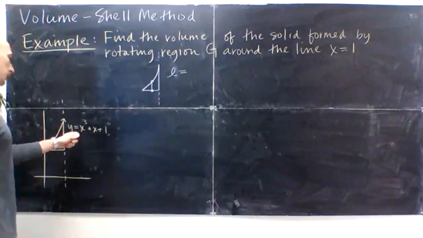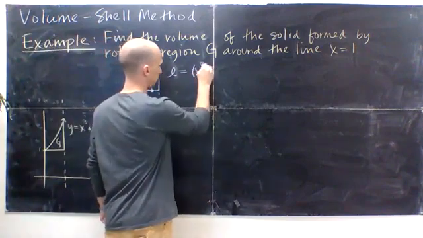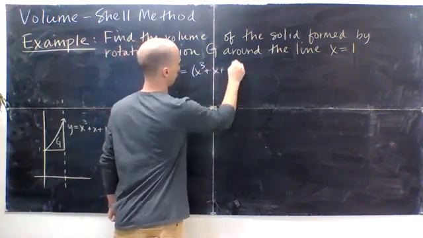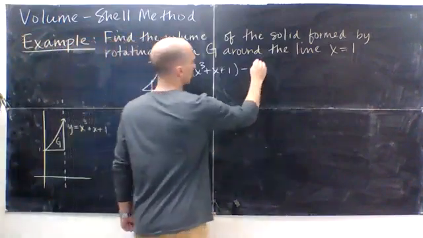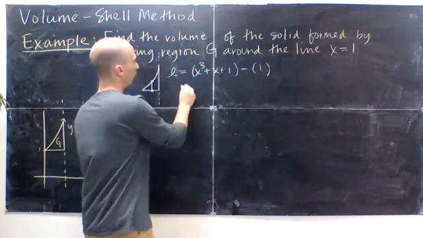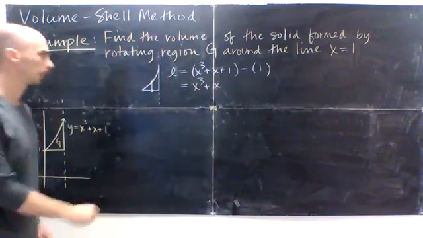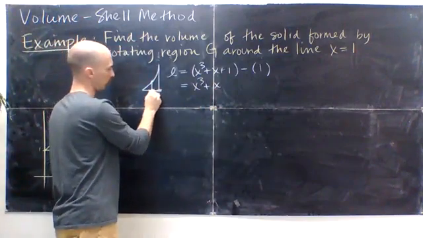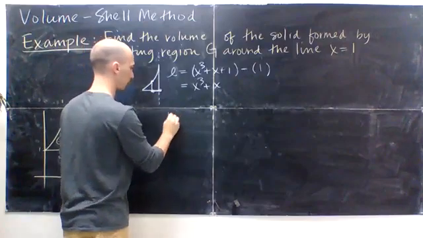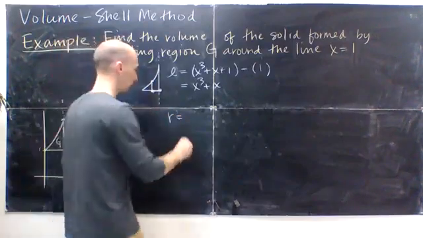So that's going to be x to the third plus x plus 1 minus the bottom, so that's y equals 1. Which is just going to be x to the third plus x. And then the radius r is going to equal, well, it's right minus left, it's 1 minus x.